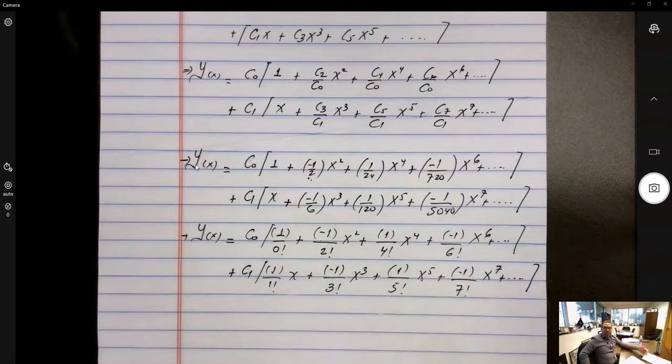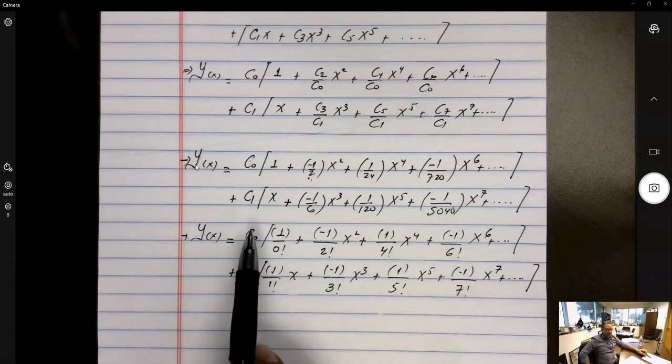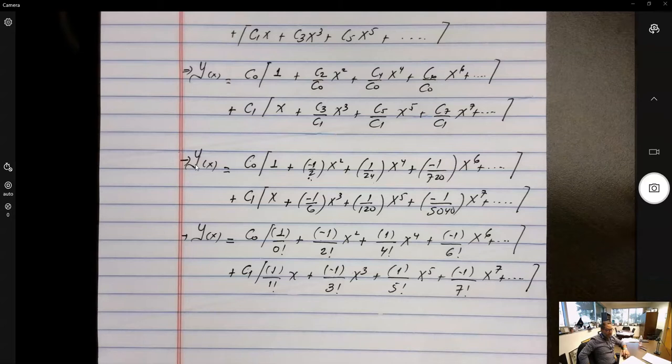So I have these series that are perfectly defined, each multiplying each other by C0 and C1, right? Just now I have the solution in terms of just two constants of integration.